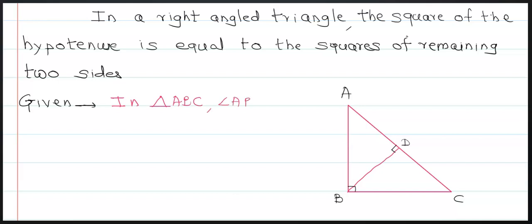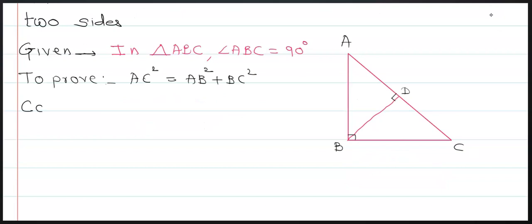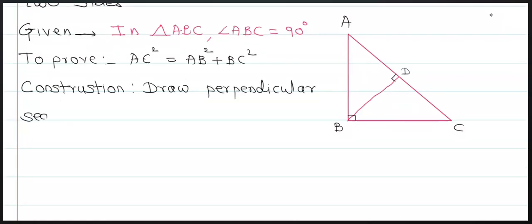Now in triangle ABC, angle ABC is equal to 90 degrees. To prove AC square is equal to AB square plus BC square. Construction: draw perpendicular segment BD on side AC, A-D-C.